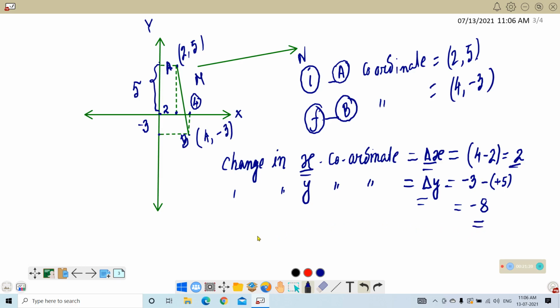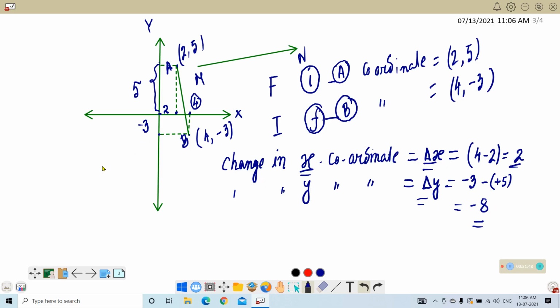Now, for simplicity, if we reverse this process, that means in lieu of this being the initial value, it is the final value, then this would be minus 2 and this would be plus 8. So according to the book, this is minus 2 and this is plus 8.